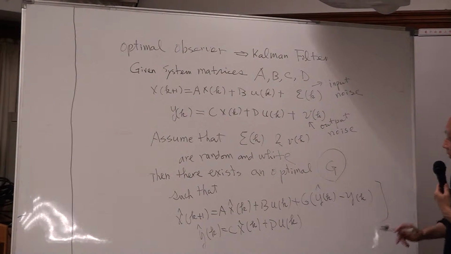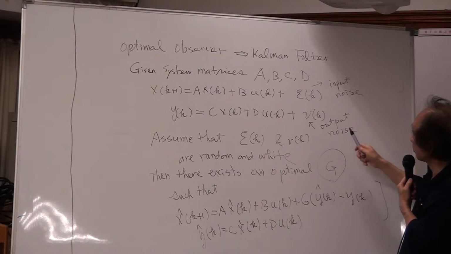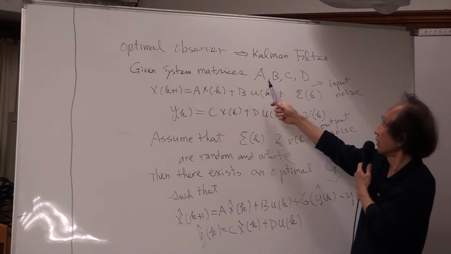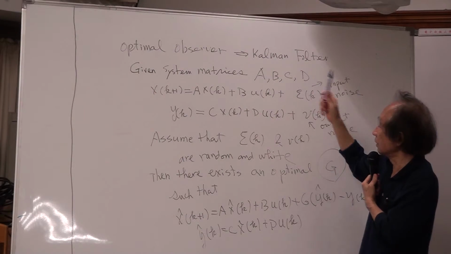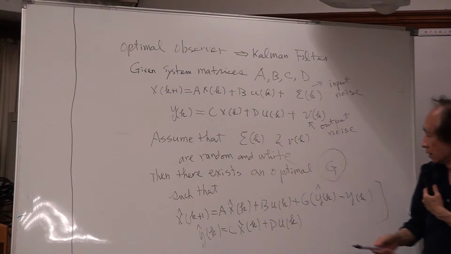This optimum G exists, but there's the input noise and output noise, and however we have to know the A, B, C, D, and assume that you know the A, B, C, D.